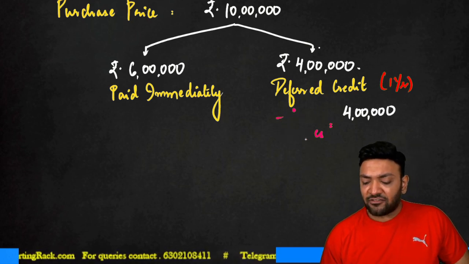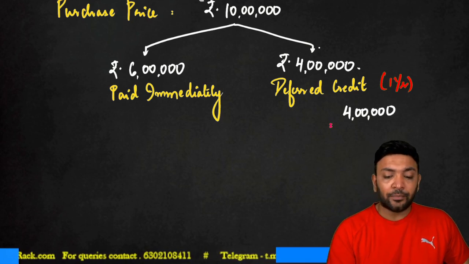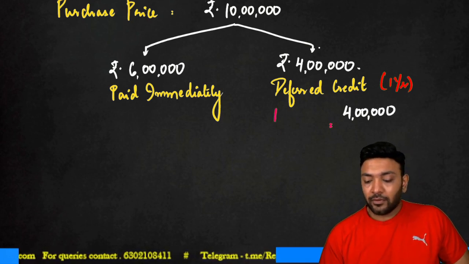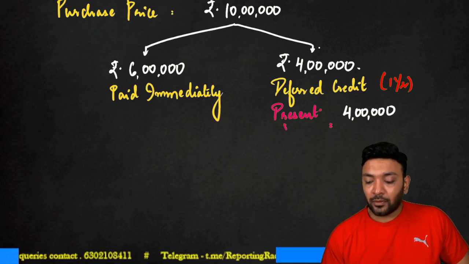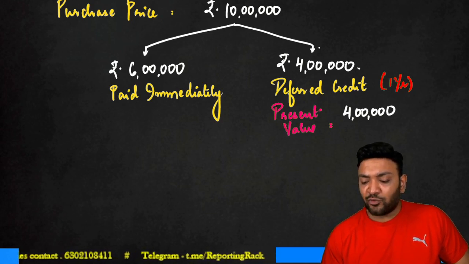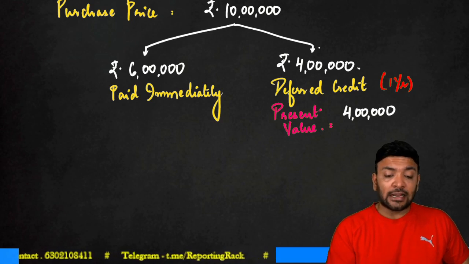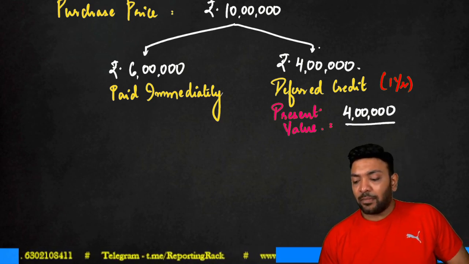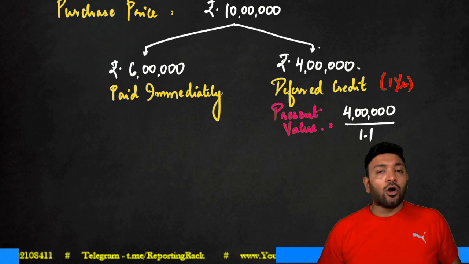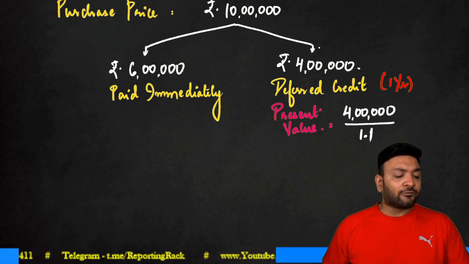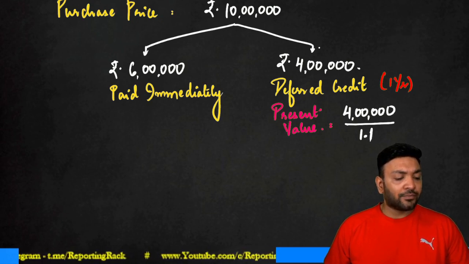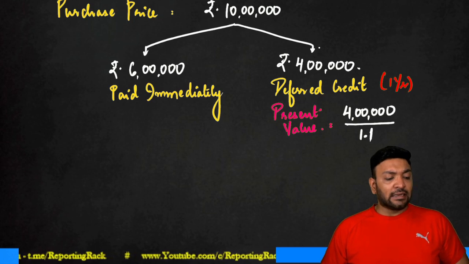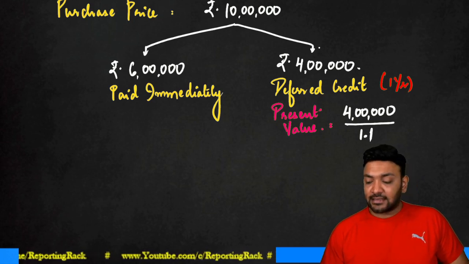Present value you calculate, finance charge you will get as the balancing figure. Present value without any deferred credit is divided by 1.1 or multiplied by the present value factor of 10% for 1 year. 1 divided by 1.1 is 0.909 into 4 lakhs, which is 3,63,636.